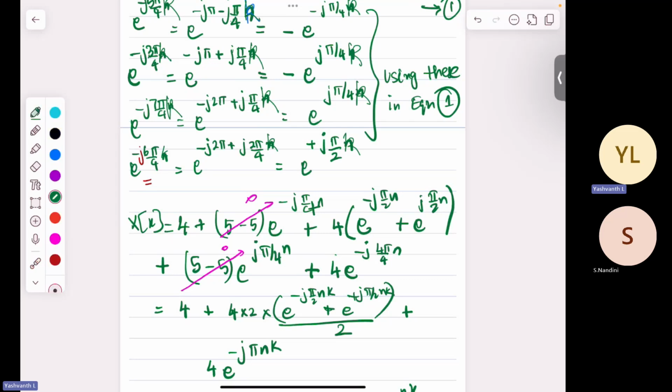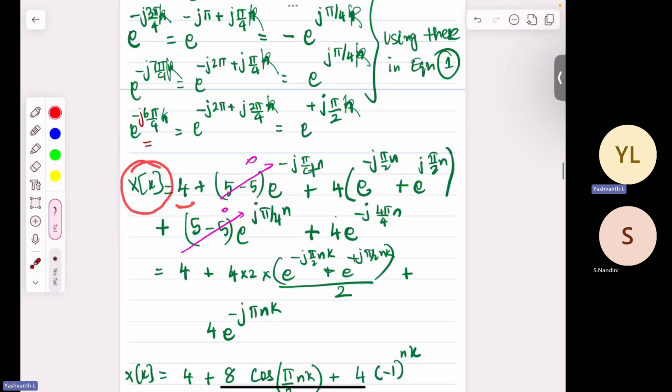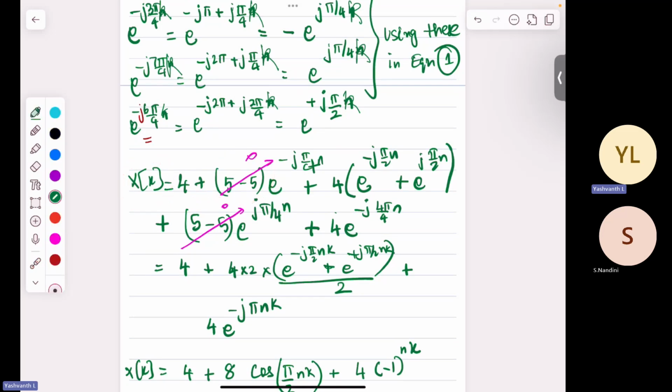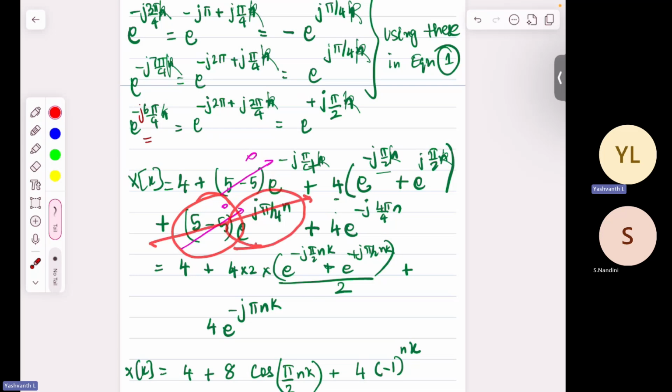What you can show is your X of k will be equal to 4 plus 5 minus 5 into e power minus j pi by 4 k, plus 4 into e power minus j pi by 2 k plus e power j pi by 2 k, plus 5 minus 5, that is 0, into whatever, doesn't matter because anyway it is going to 0.